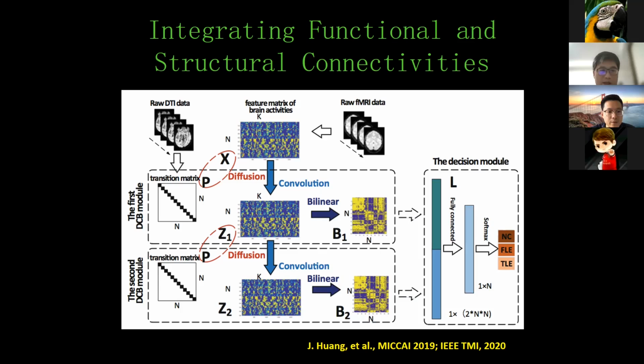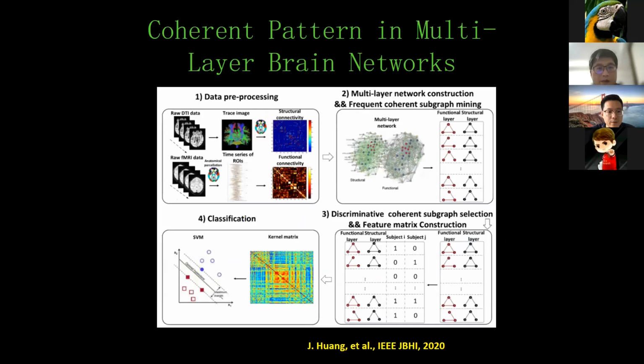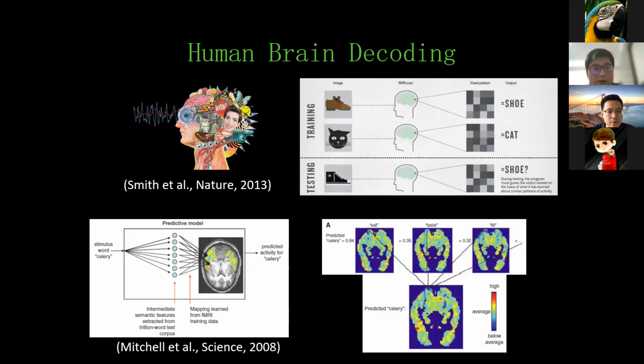So here we use a deep learning based network to combine the structural and functional networks for multimodal classification. Okay. Here we also proposed multi-layer brain networks. Here we use the coherent network.